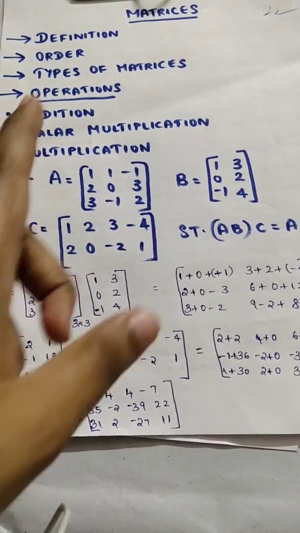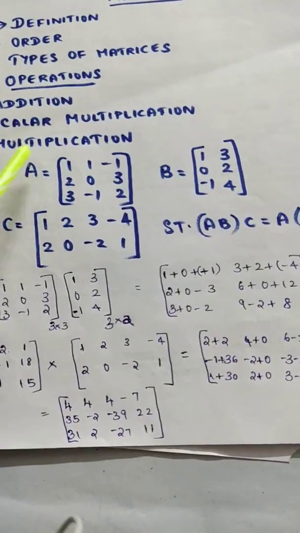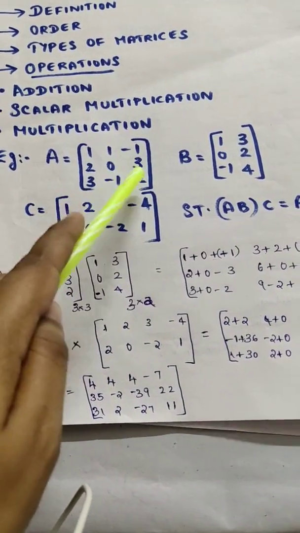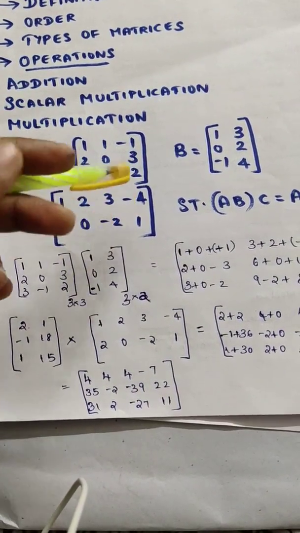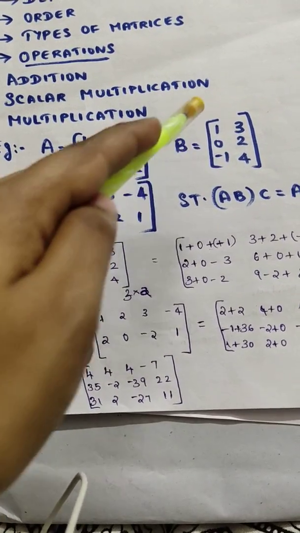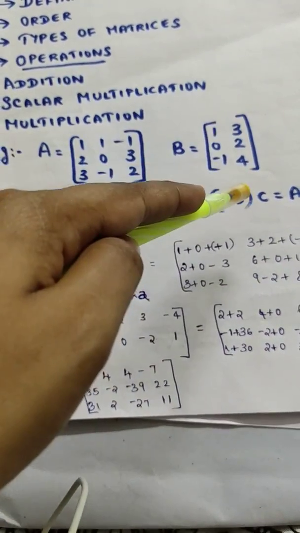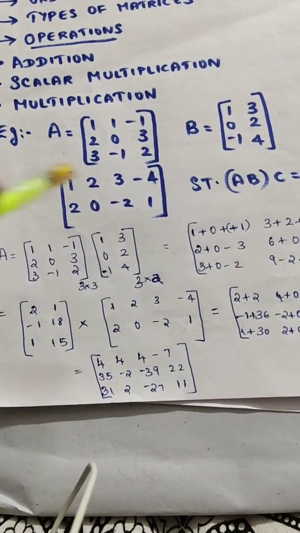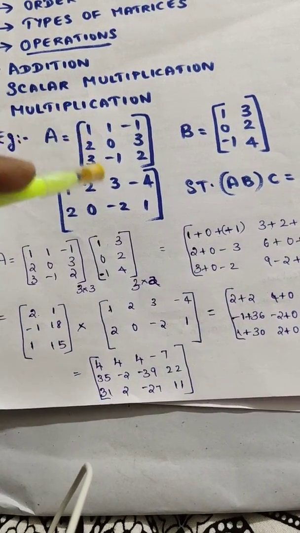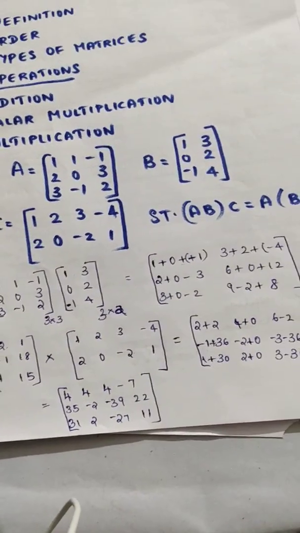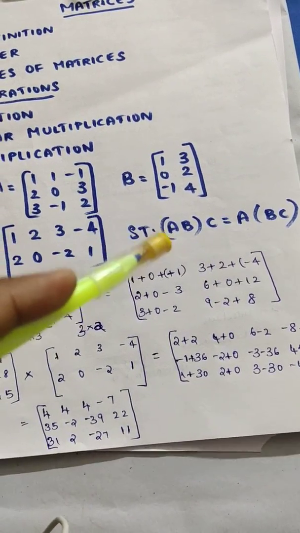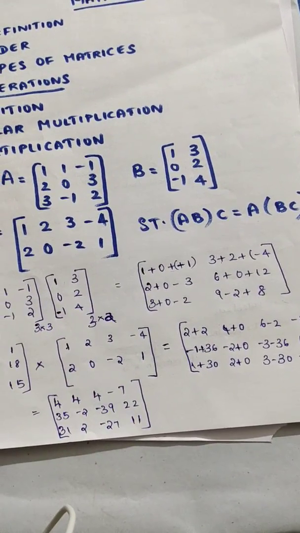Okay, so here you are given three matrices, say A, B and C. A, you can see, has 3 rows and 3 columns, so it is of order 3 by 3. B has 3 rows and 2 columns. C has 2 rows and 4 columns. And you are asked to show that AB into C is equal to A into BC.